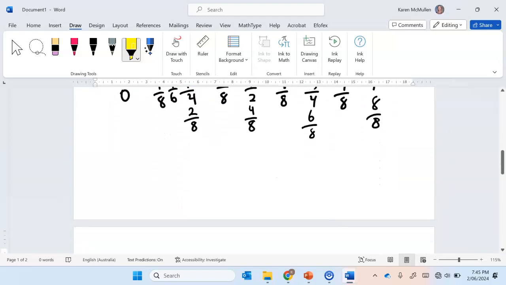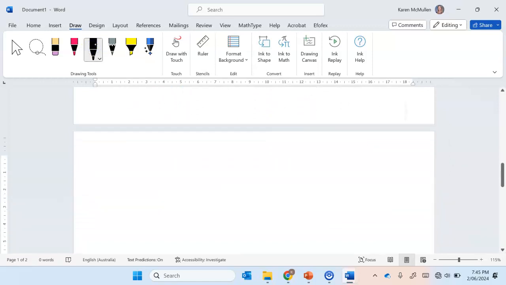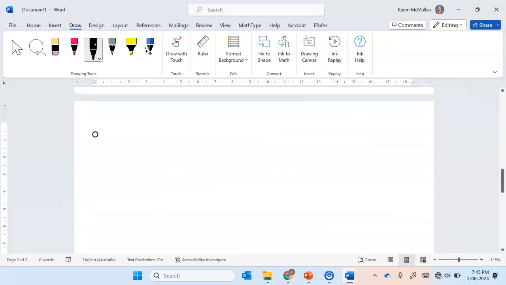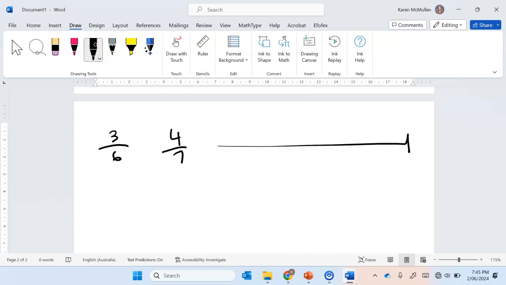So if we were to choose any two fractions, let's compare the fractions 3/6 and 4/7. Where do they actually occur on the number line? Drawing my number line again, here's 1/2 in the middle. Now if I simplify 3/6 by dividing by the highest common factor, it's actually 1/2.